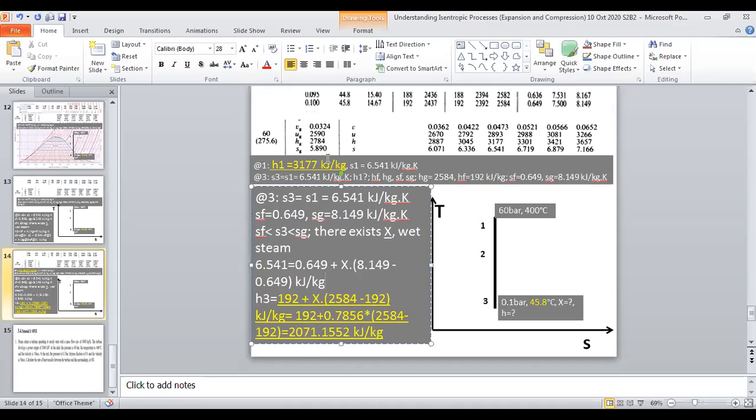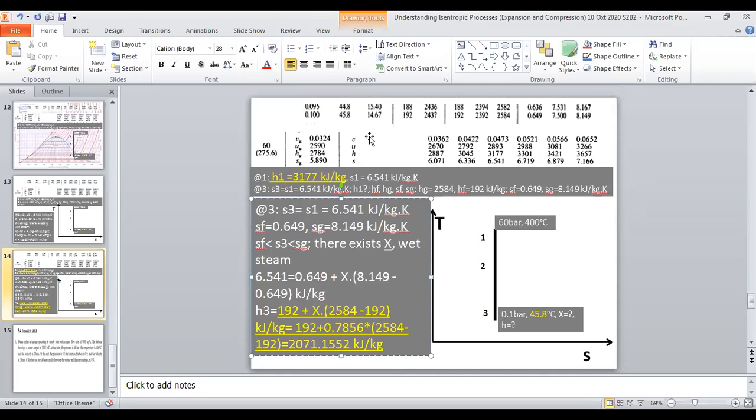Is this okay? H3, that is at 0.1 bar. Yes, of course HG is 2584 and HF is 192.